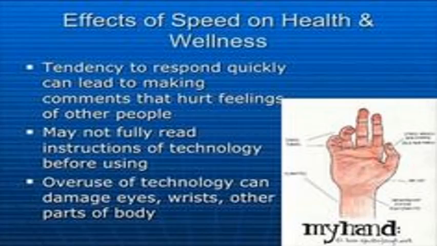The effects are those: the tendency to respond quickly can lead to making comments that hurt the feelings of other people. Do a full read of the instructions of technology before using. Overuse of technology can damage eyes, wrists, and other parts of the body.